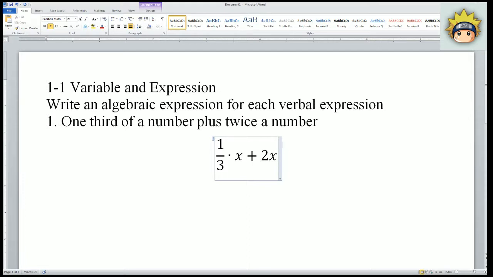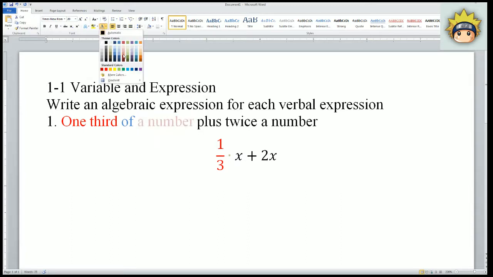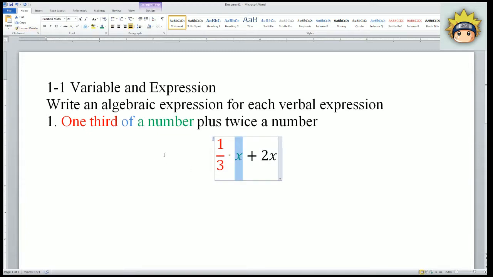So let's isolate this again. So the 1/3 can be red. That is why this place is red. Of can be blue. That's what the of symbol here is, blue. A number, I can make that green. That's the same thing as this green.